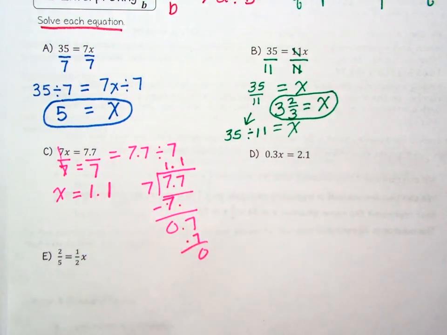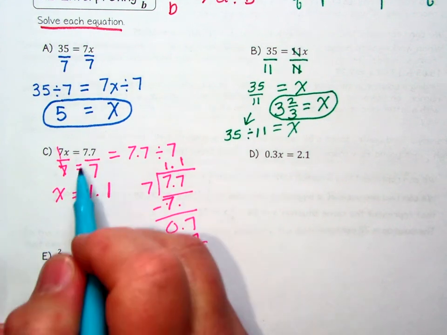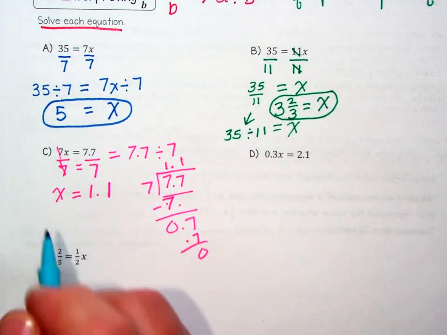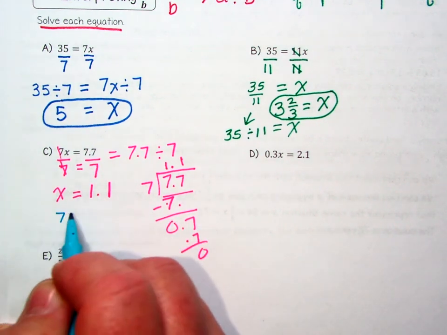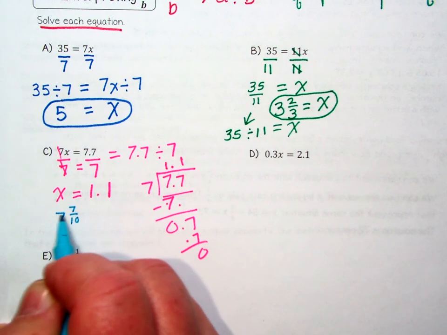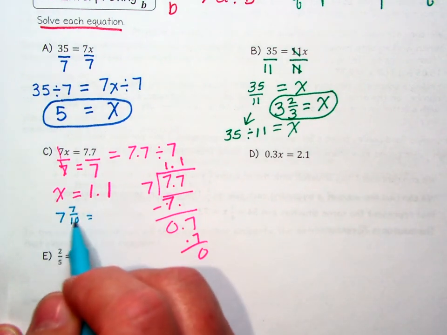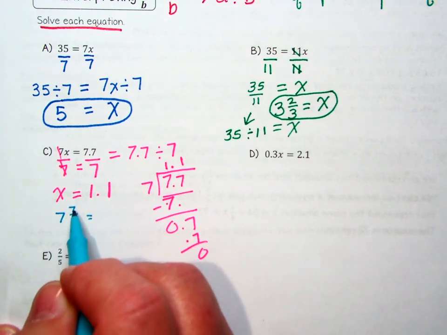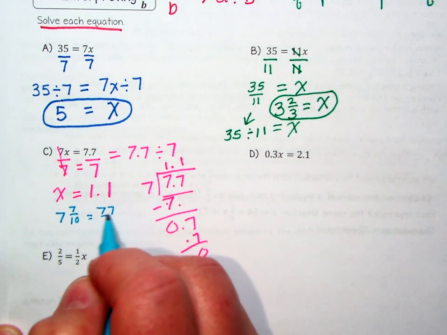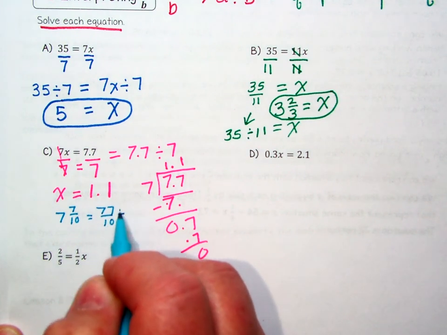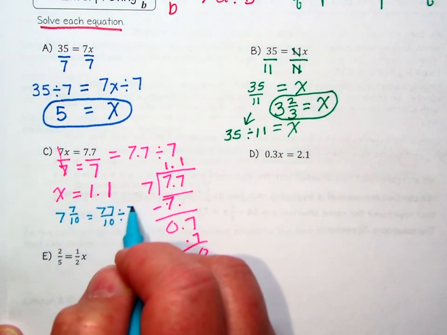If you're not comfortable working with the decimals, again, you can always convert this to a fraction. 7.7 is 7 7/10. If I convert this to an improper fraction, 7 times 10 is 70 plus 7 is 77. So I have 77/10 divided by 7.